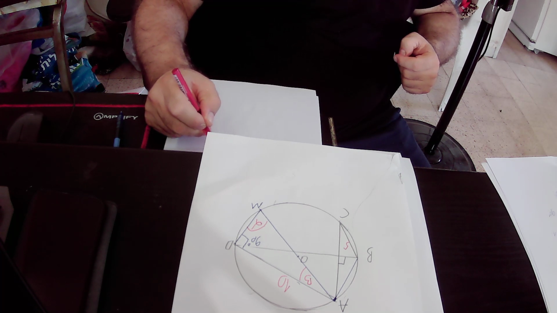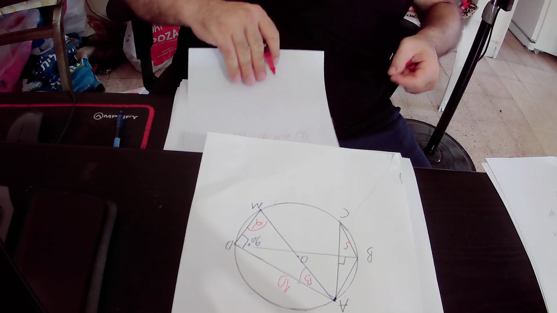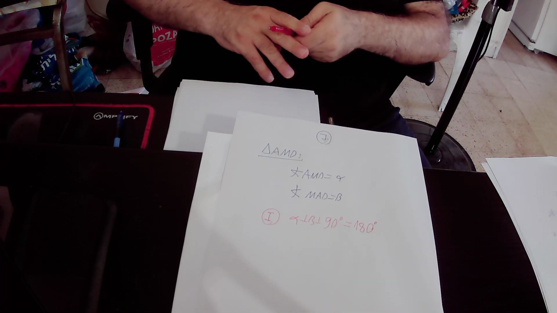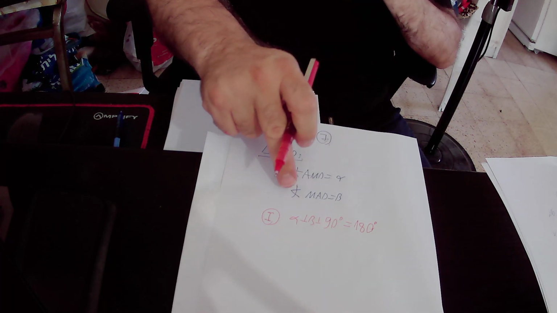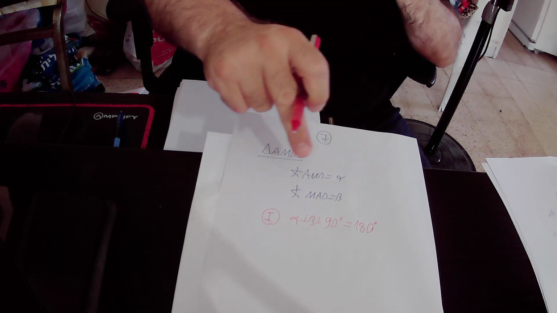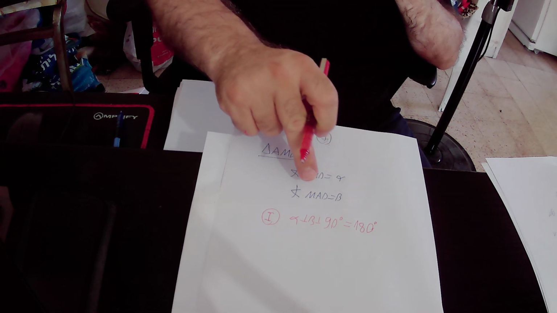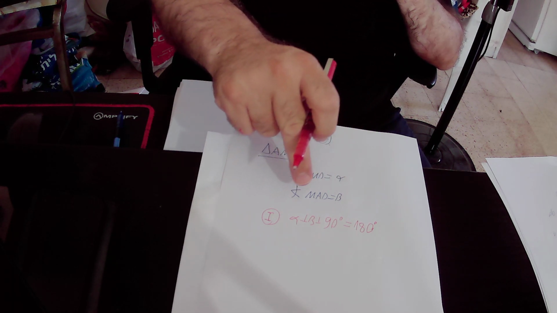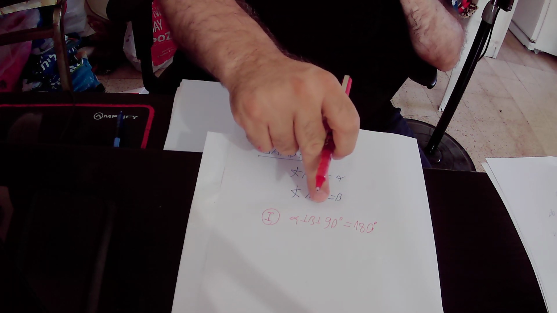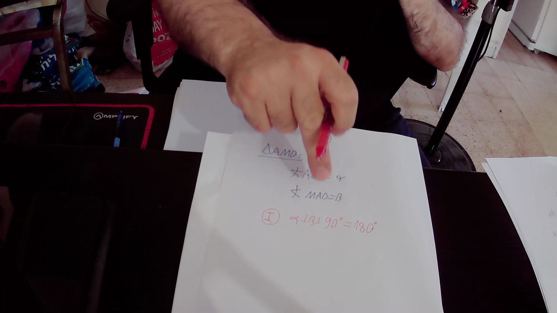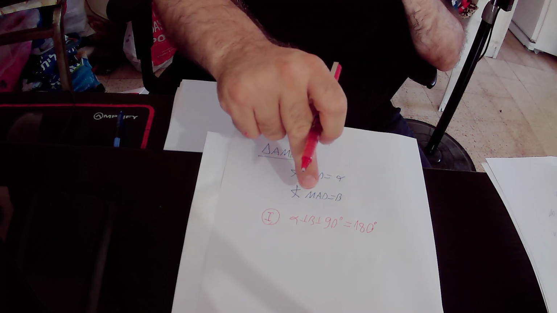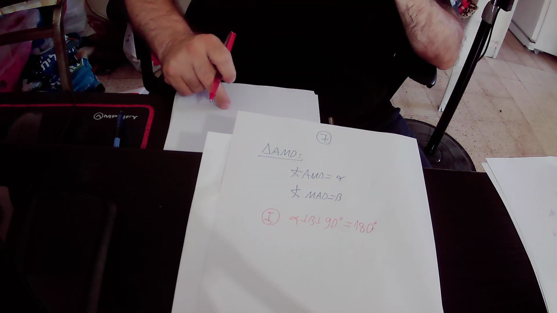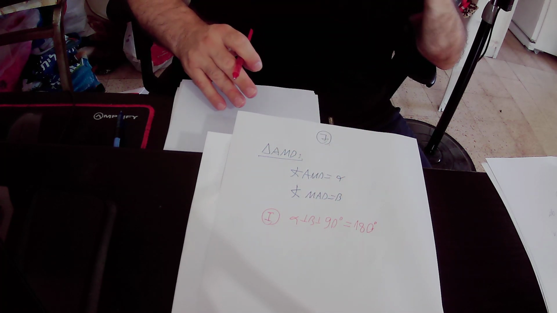So that is our first equation, equation number 1, that states that alpha plus beta plus 90 degrees, the sum of the angles in right triangle AMD, equals 180 degrees.